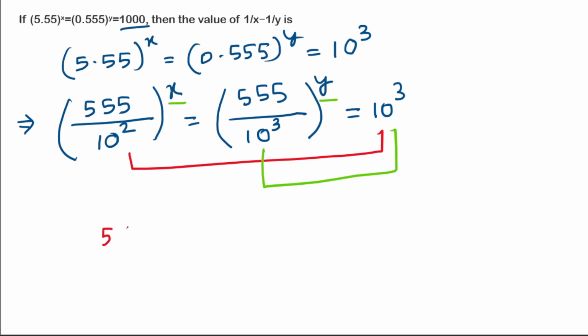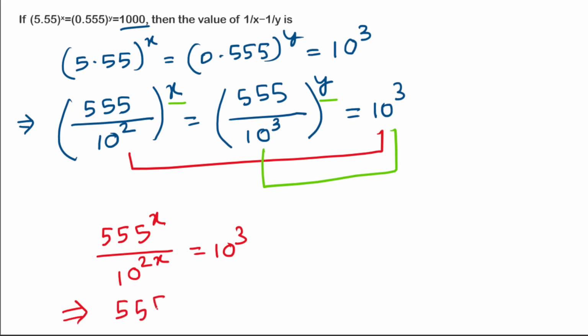So then what we have is 555 by, so we can write it as 2x, right? This equals to 10 to the power 3. So we can again say that 555 to the power x equals 10 to the power 3 plus 2x. We can write it in this term, and this green route we will take now.